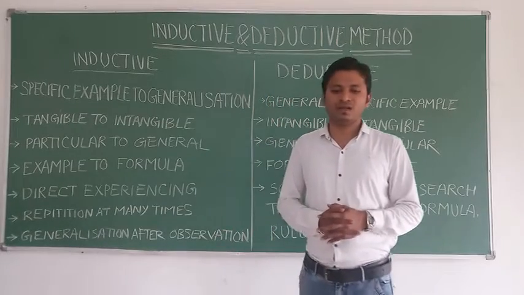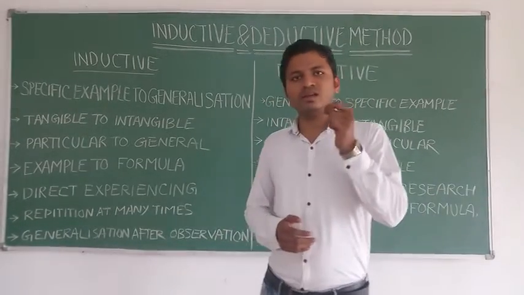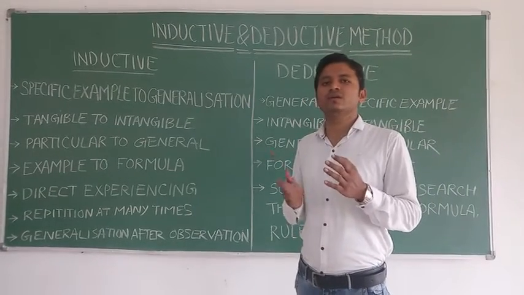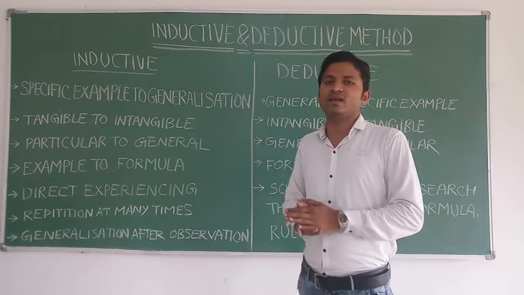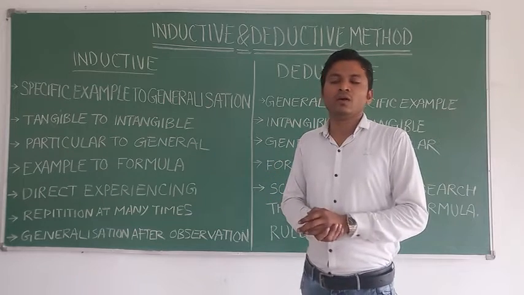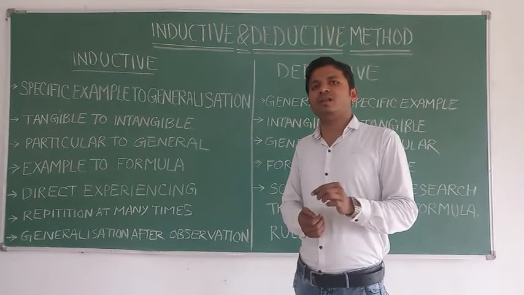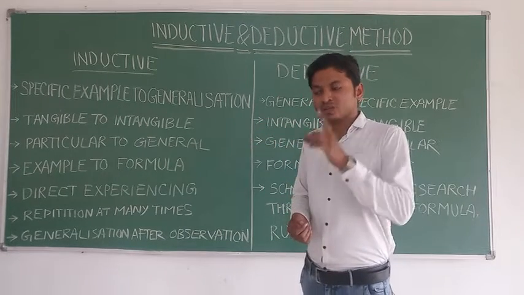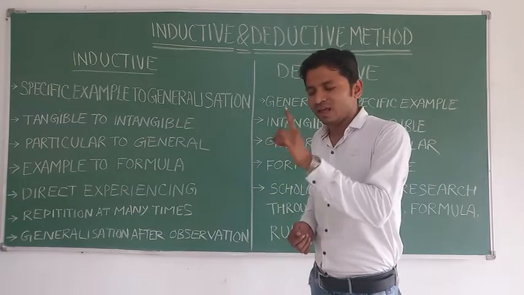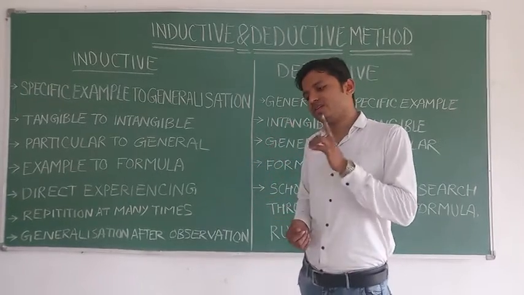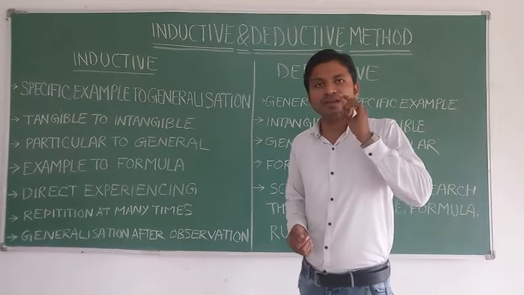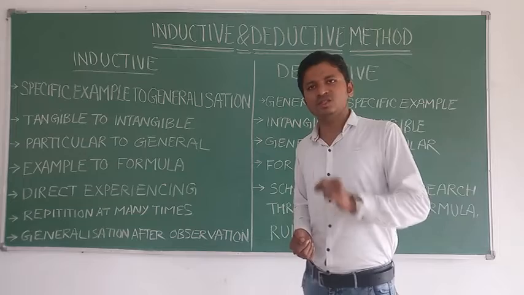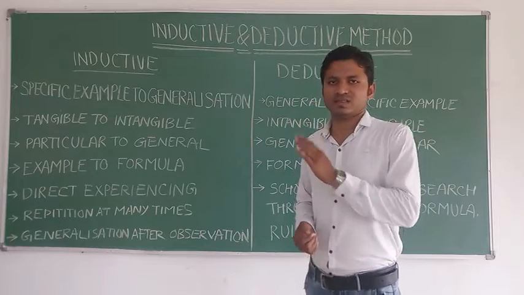In the inductive method, the scholar himself or herself goes to the particular study area, and in that study area he studies the related people directly. He observes the people and the things directly. So the inductive method must contain the characteristic of direct experience.